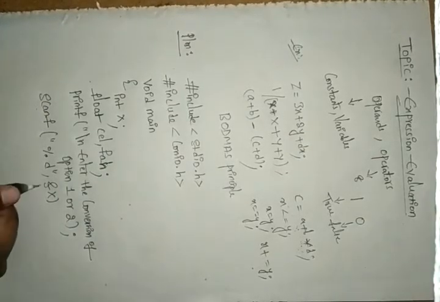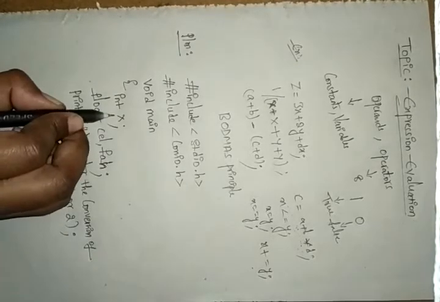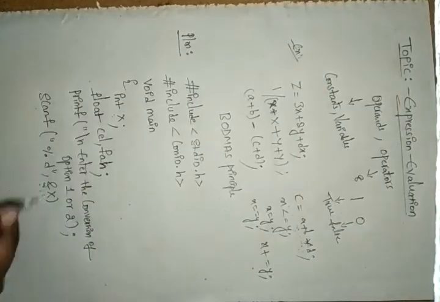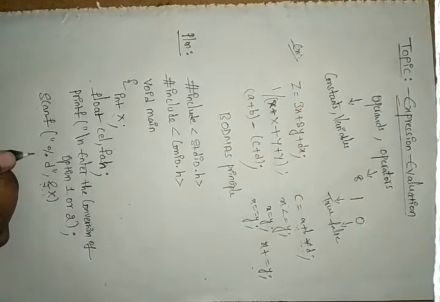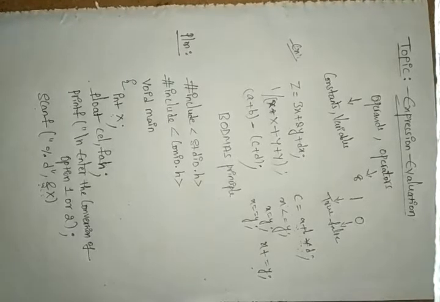The ampersand sign means the address, so it is locating the address of x. Whenever you write x in scanf, it locates the address of x. And give the semicolon.